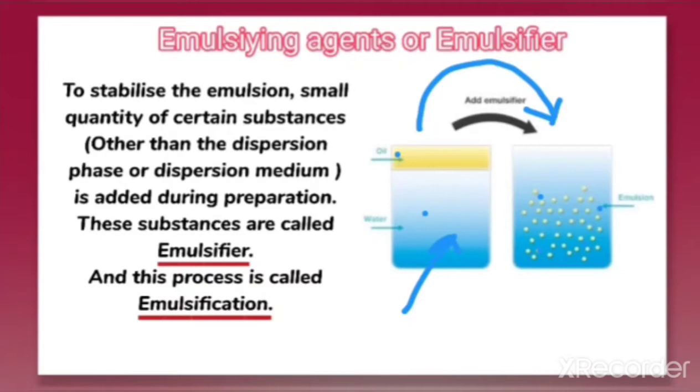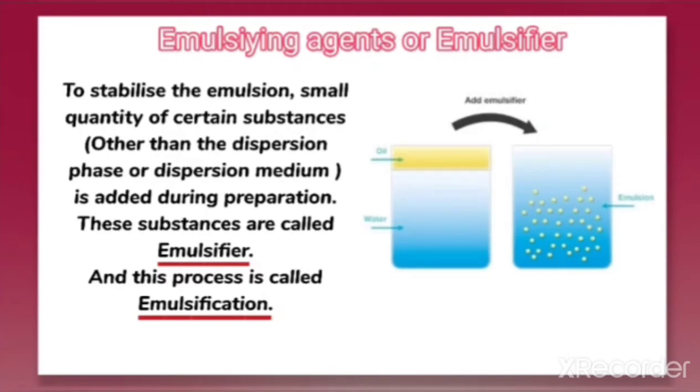So a third component is added here, other than the dispersed phase and the dispersion medium. Here the dispersed phase is the oil and the dispersion medium is the water, because the oil is in the smaller quantity and the water is in the larger quantity. That is an oil in water emulsion, which is unstable because it forms two separate layers on standing.